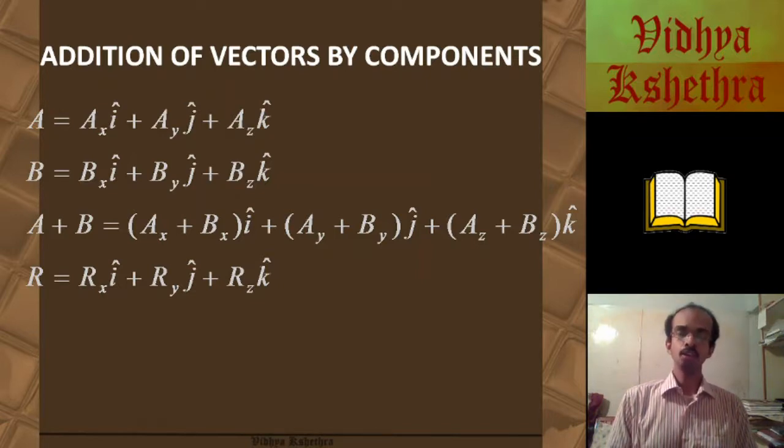On adding all these components along the various unit vectors, we get the resultant vector R, which is R is equal to Rx i cap plus Ry j cap plus Rz k cap, where Rx is equal to Ax plus Bx, Ry is equal to Ay plus By, and Rz is equal to Az plus Bz. So this is the end of this slideshow.